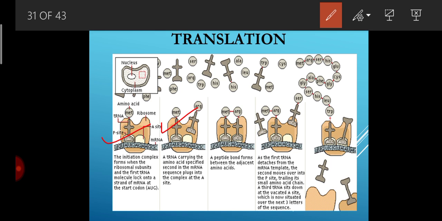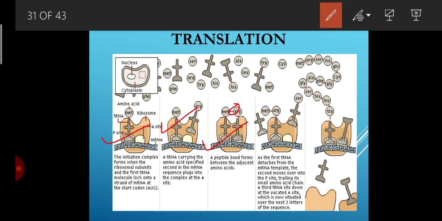A tRNA carrying the amino acid specified second in the mRNA sequence plugs into the complex at the A site. Then, a peptide bond forms between the adjacent amino acids. You can see here red color peptide bond is formed between the adjacent amino acids.